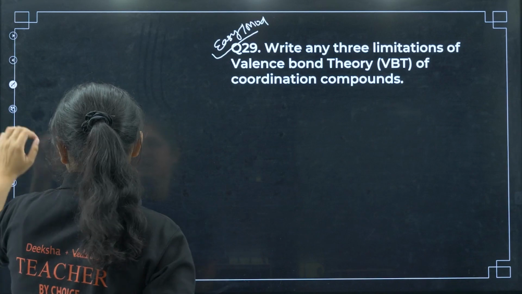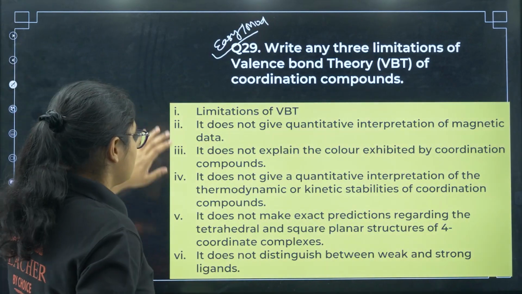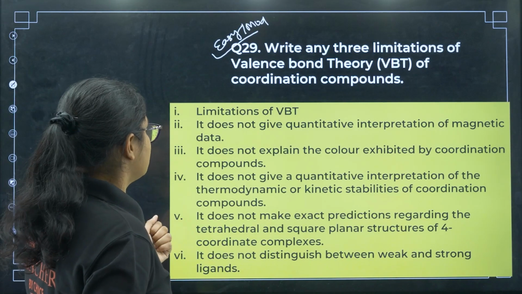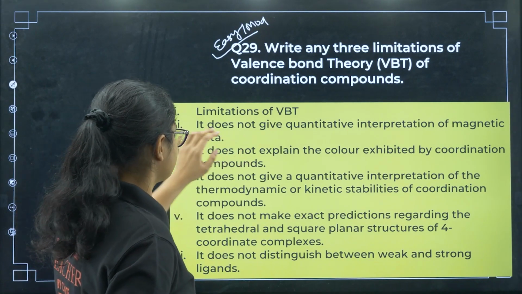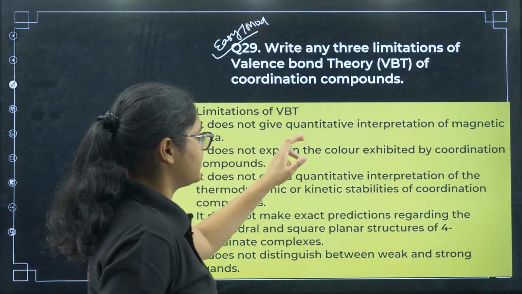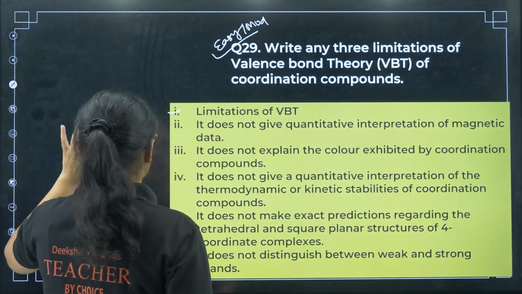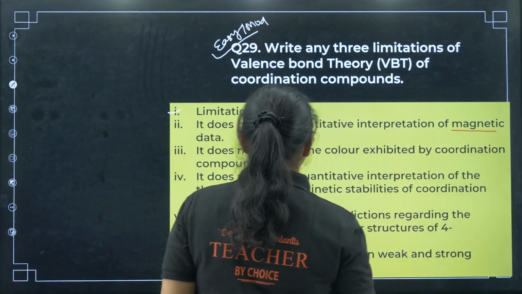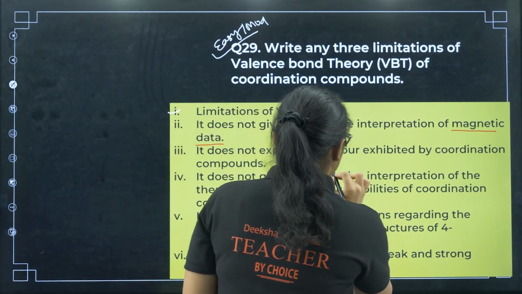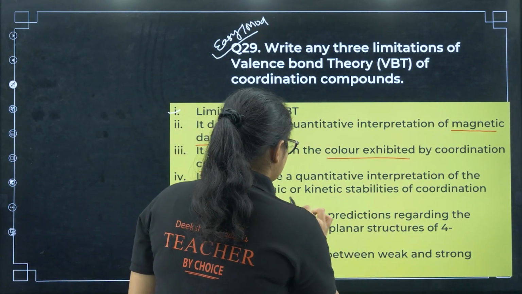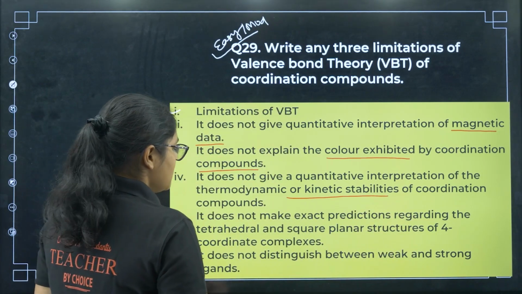Limitations of VBT is basically asked here. So here we have given you 5 limitations, you can write any 3. The first one is, it does not give any quantitative interpretation of magnetic data. So very easily you can write down, it does not give any information about the color of the compounds, does not tell anything about their stability. Okay.